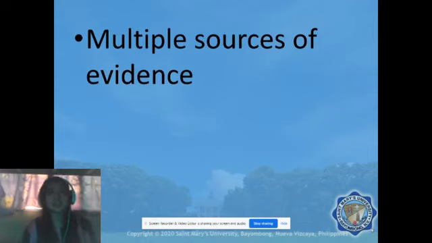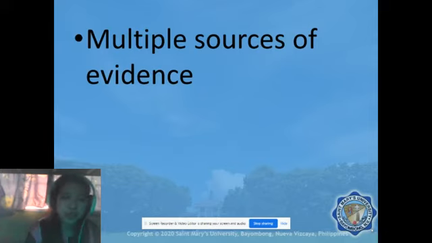Okay, so next, it is not also enough to consider just one particular item to assess one target competency. Because of course, for us to come up with a good assessment, you have to consider multiple sources of evidence. So you're not going just to consider one particular items in the test.